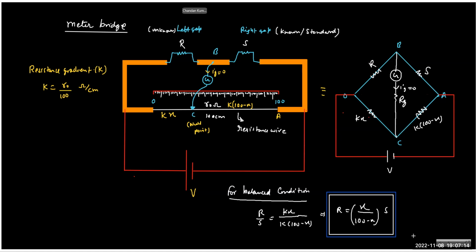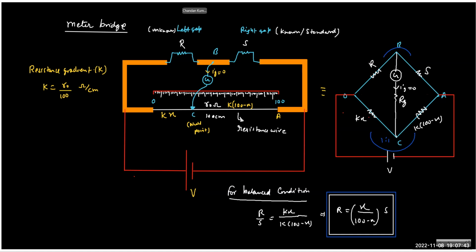And if you go away from the R, it will increase. Because by putting the C at the center, the Kx and K times 100 minus x will be same. So the ratio is 1:1. So if I choose x equals to 50, I'll get 1:1 ratio. Then the null point will be only obtained when R is equal to S.